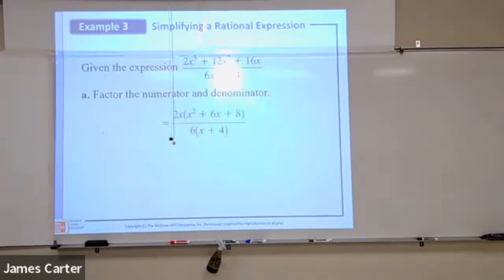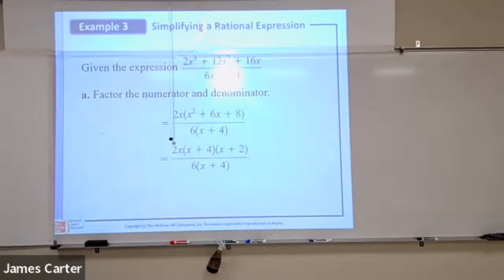We can factor a 2x out of everything in the top one, and we can factor a 6 out of everything in the bottom one. By the way, what can you not have in this problem for an answer? -4.